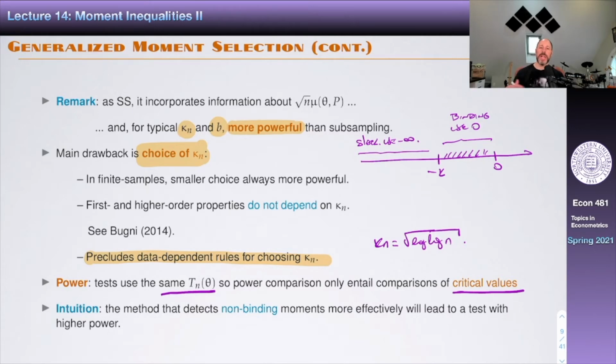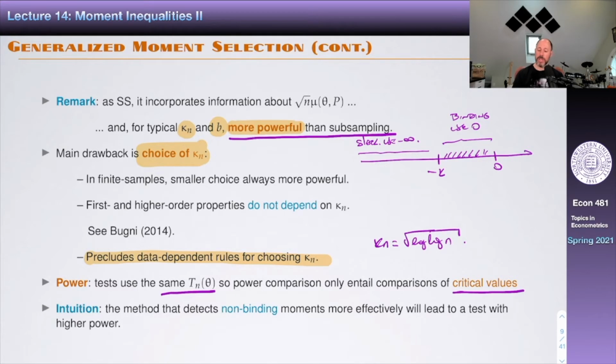And the better the method is at detecting inequalities that are non-binding, the more powerful your test is going to be. So I wrote here at the top that typically GMS is more powerful than subsampling. What does it mean? It has to be that typically GMS is better at detecting that one moment is binding relative to what subsampling does. Okay? So I'm going to illustrate that in the next example.